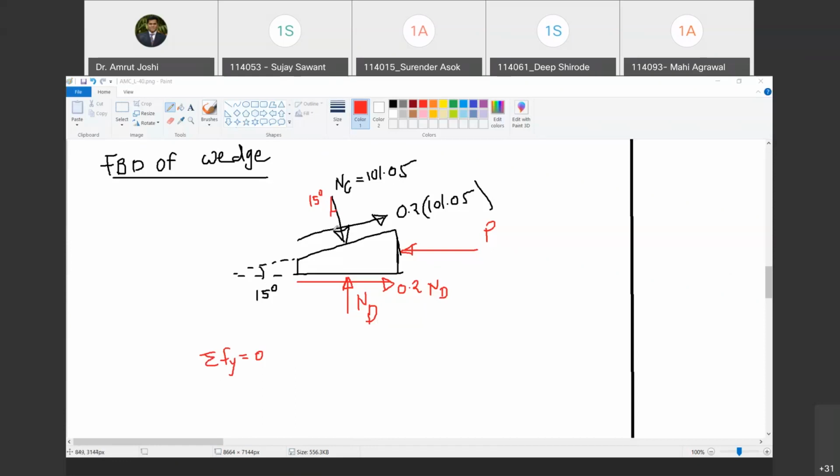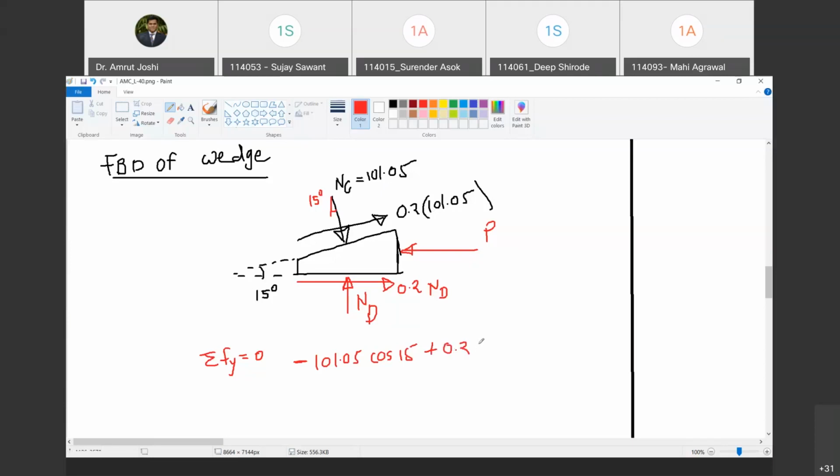But what will be the Fy component of NC? It will be 101.05 cos of 15. Happy? Yes, sir. But minus. Why? Because it is acting in downward direction. Will there be any component of this 0.2 into 101.05? Yes, it will be. And that will be sine component and positive. Do you agree with me?